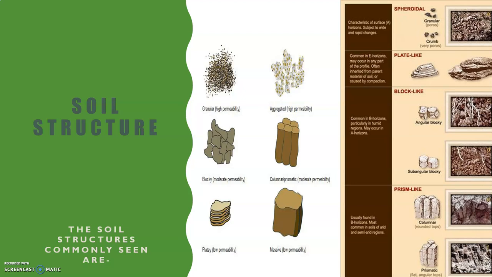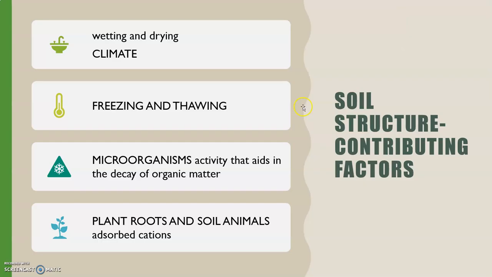In the test, we may simply ask you to list down 3 common soil structures in Malaysia, or 5, 6. So it's very easy: granular, platy, blocky, columnar, prismatic, massive. It's easy to list down these things.